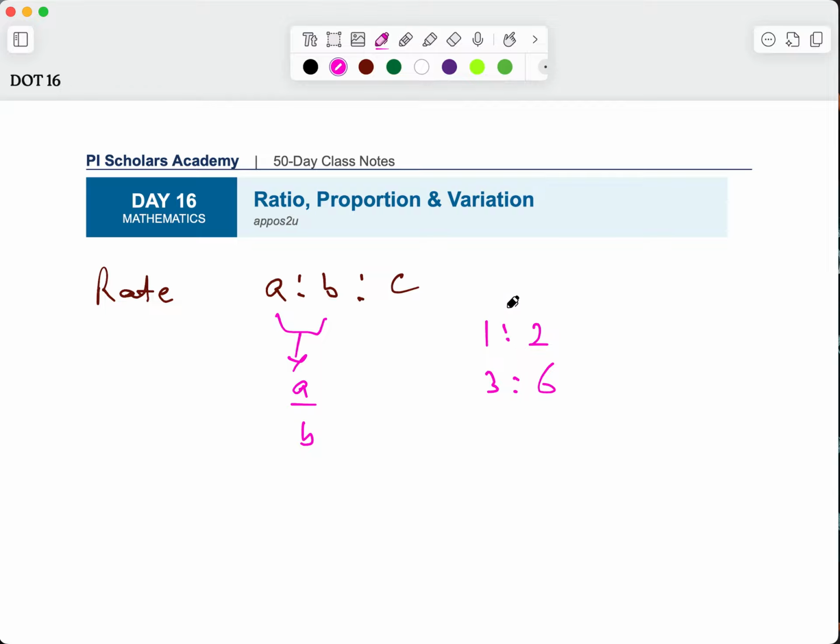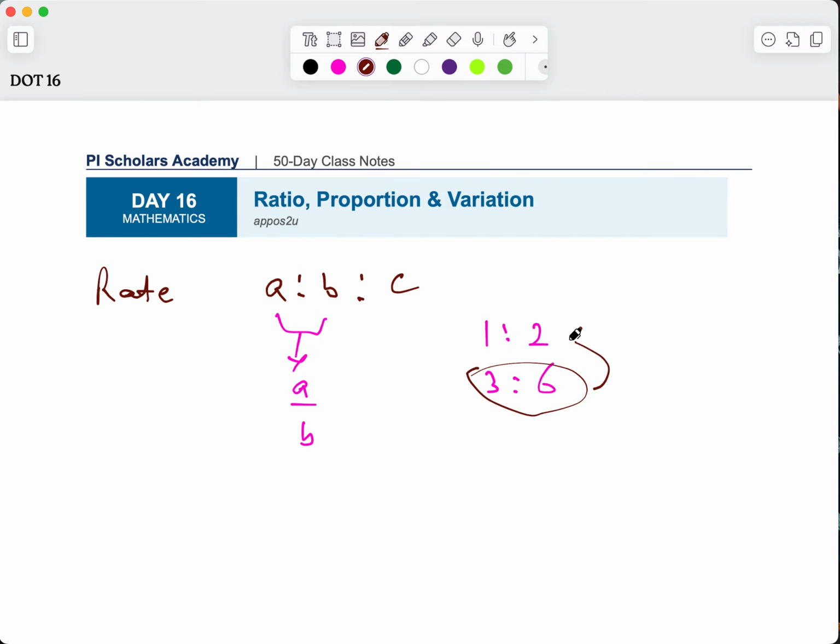Because if you're given 1 ratio 2 and you decide to manipulate your way around and use 3 ratio 6, sometimes it might lead you into trouble. So it is better that you stick with the 1 ratio 2 that you are dealing with than use 3 ratio 6.